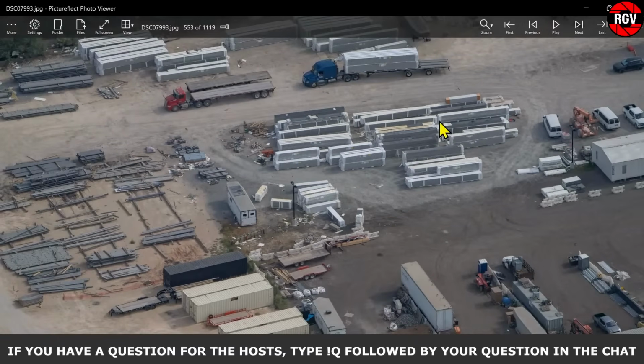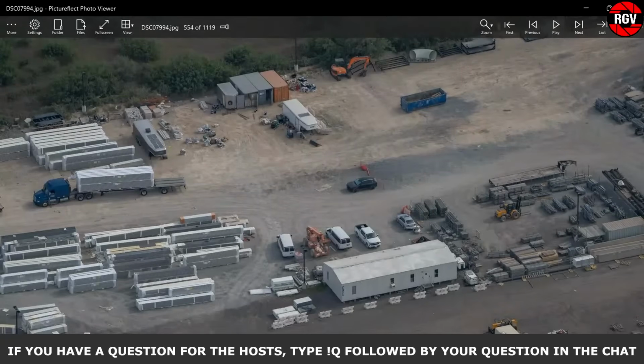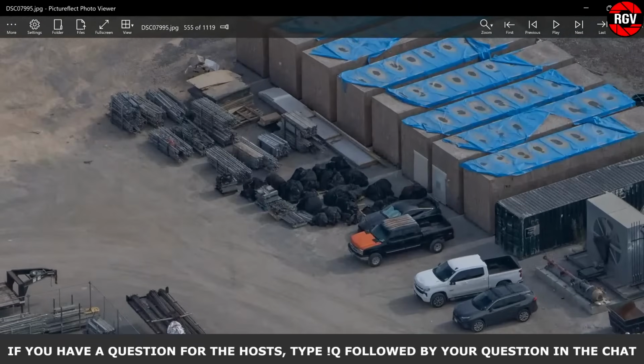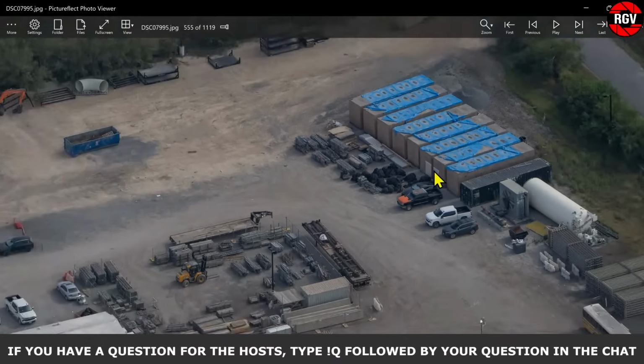Cladding's going away too. Unclad? I mean, moving it by the truckloads. It was nice of that truck to show us how it moved it by truckloads.